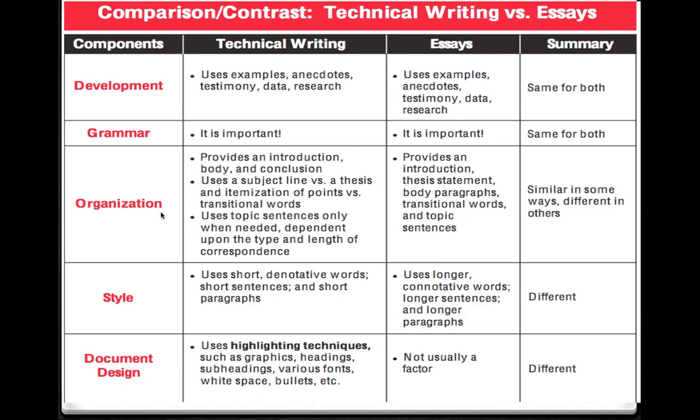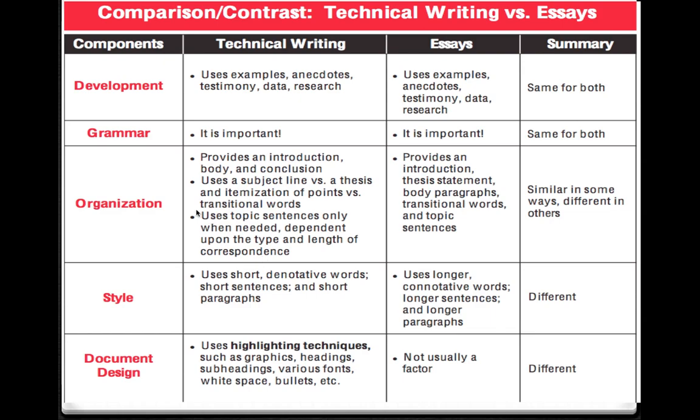Then we have organization. Technical writing provides introduction, body, and conclusion. Then it uses a subject line versus a thesis, and itemization of points versus transitional words. It uses topic sentences only when needed, depending upon the type and length of the correspondence.